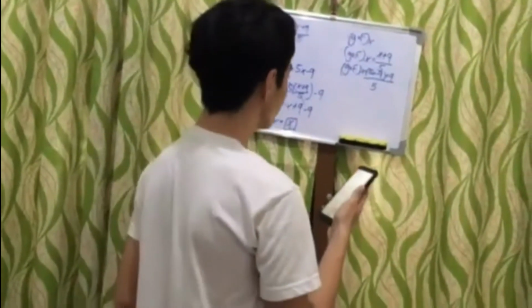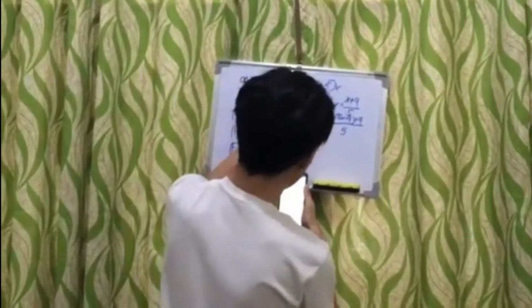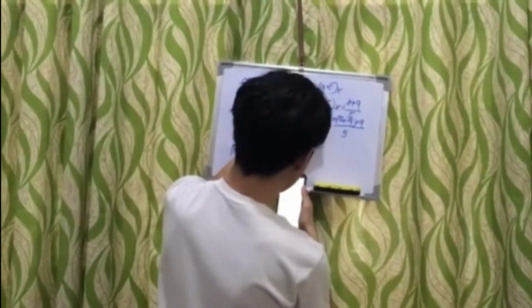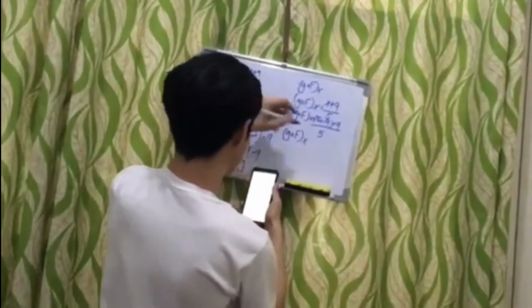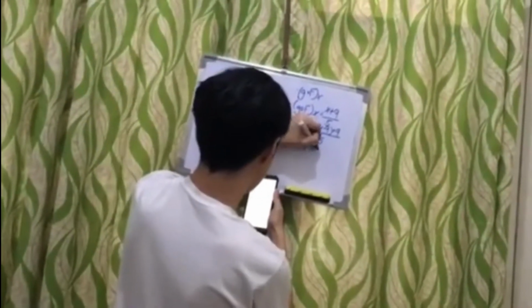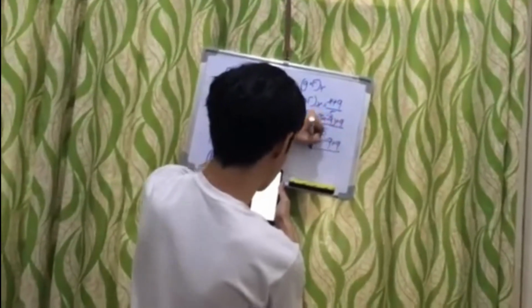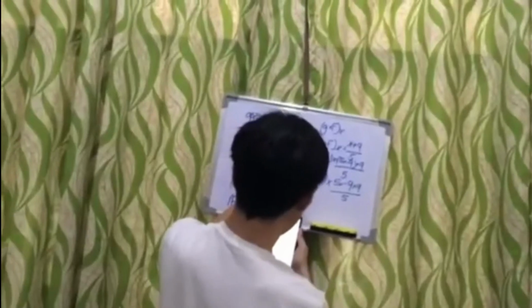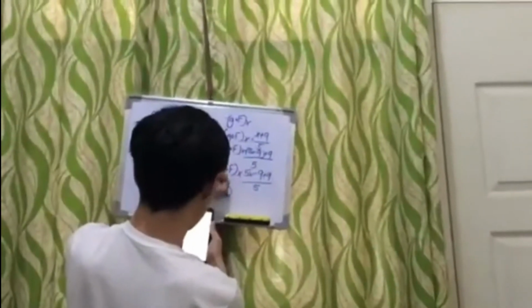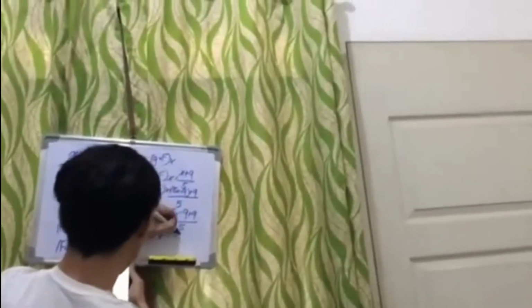Then, after that, we will remove the parentheses. Then solve negative 9 plus 9, which is 0, leaving 5x over 5.